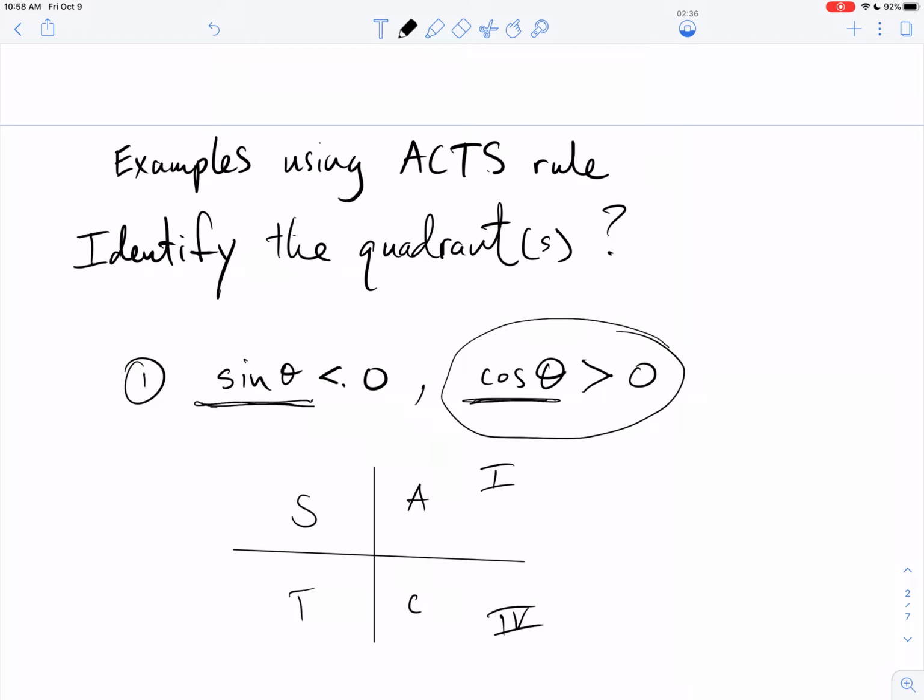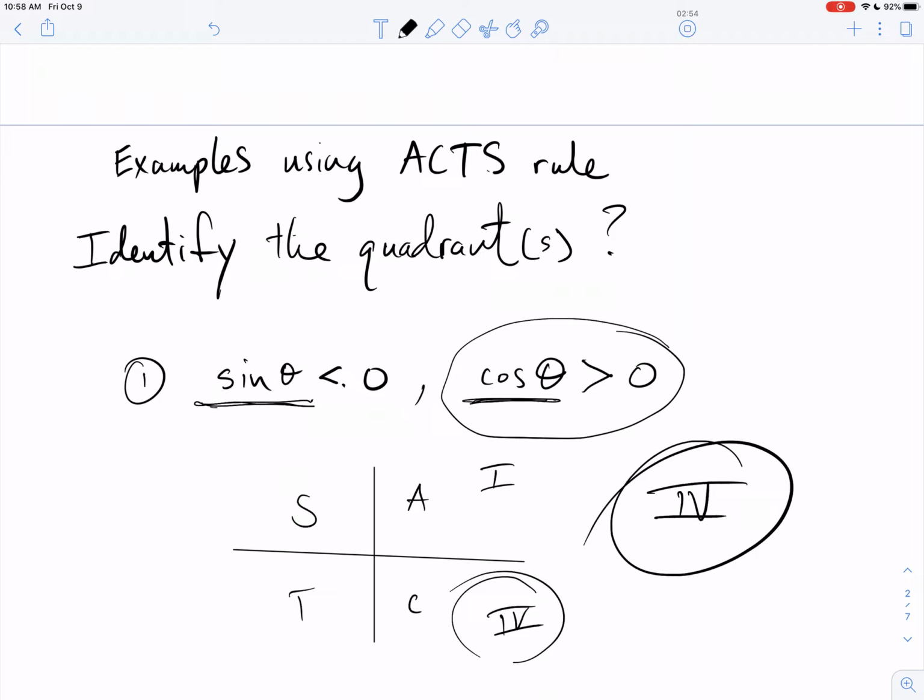So anyway, I know that the sine is negative. Well, there's only one place where the sine is negative when cosine is positive, and that's in quadrant 4. So the answer here would be quadrant 4.